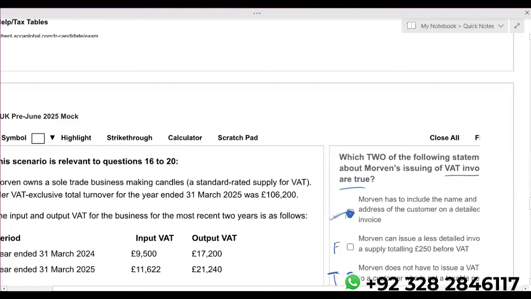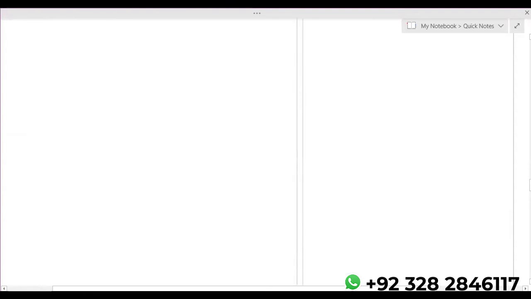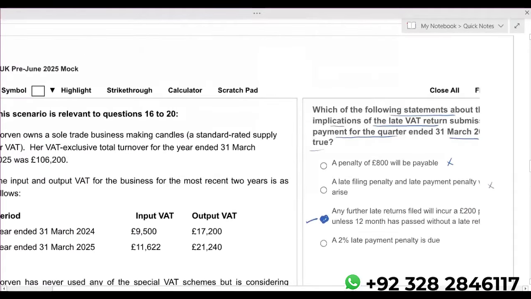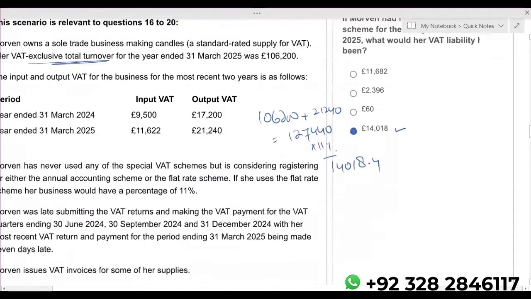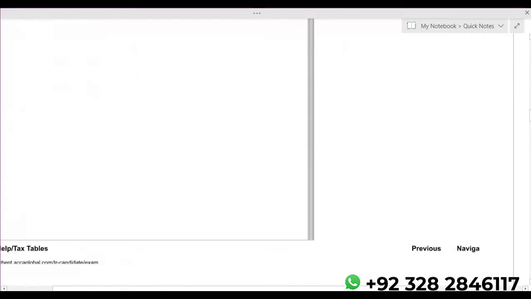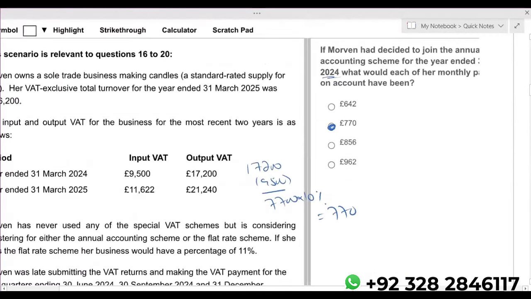Plus when I'm not required to issue a VAT invoice. Another point which the examiner has tested here was relating to, if you recall, what we have discussed, the annual accounting scheme also. Final question we'll discuss again.